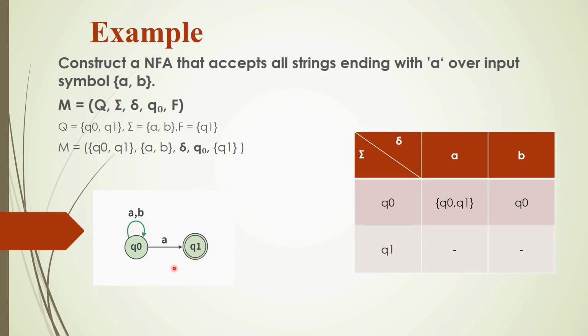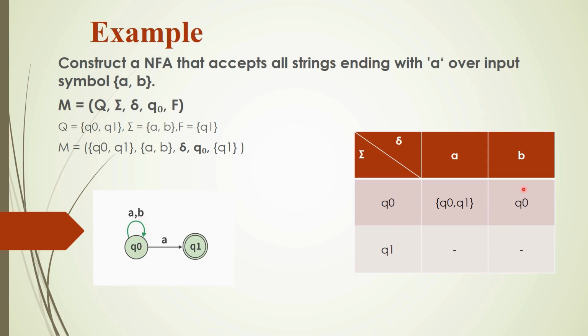So you can see the transition table we can design from our transition diagram, which is: when you are in the Q0 state with A input you can go to the next state, which is Q0 or Q1. With B input symbol from the Q0 state we reach the Q0 state.